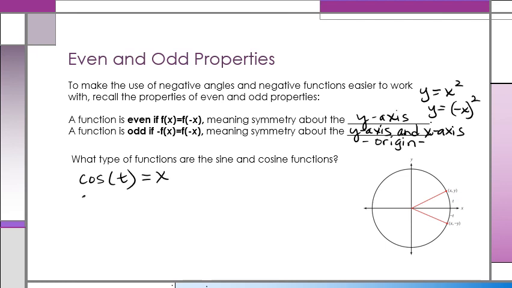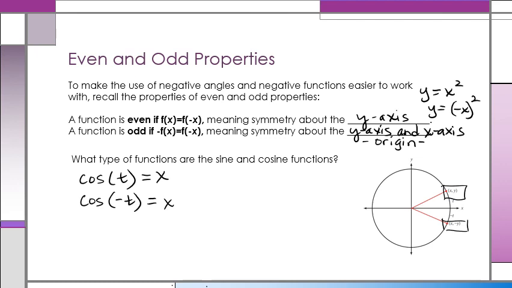Now, if I have the cosine of negative t, what is the output? Well, by looking at the circle, we can see that even though the y value has changed, the x value has not, and so it is the same. So which one of these is this like?